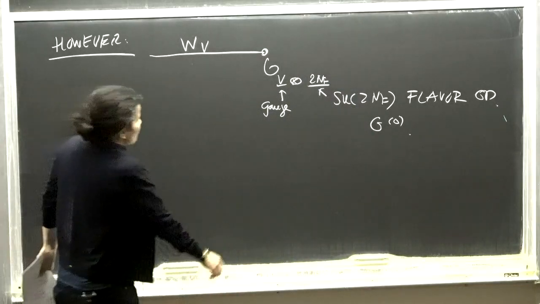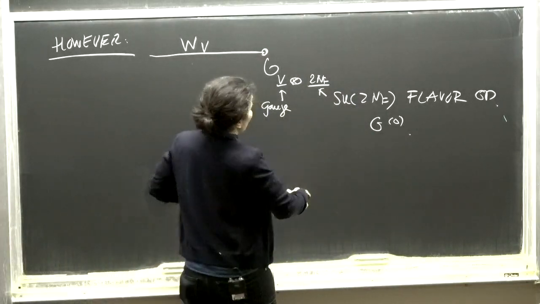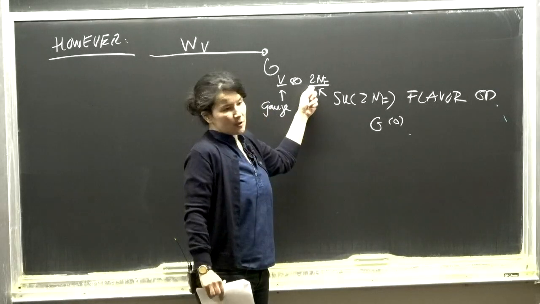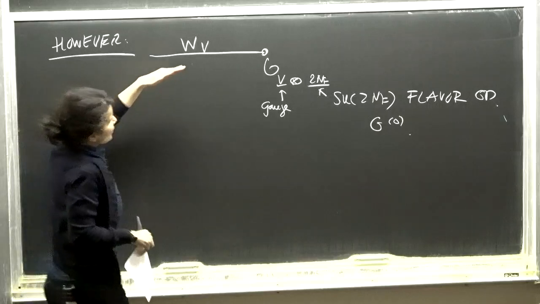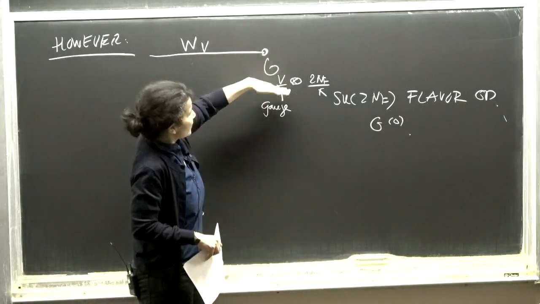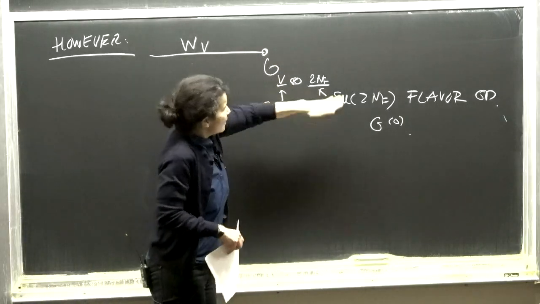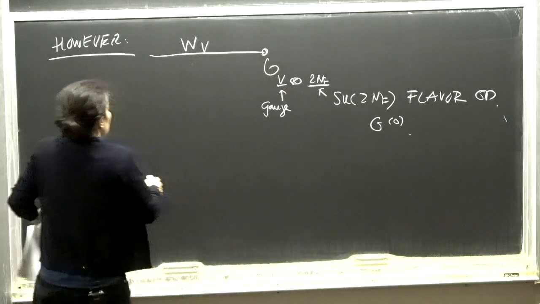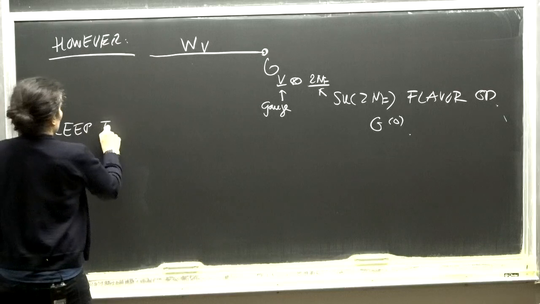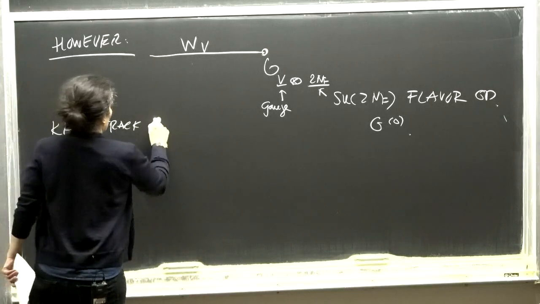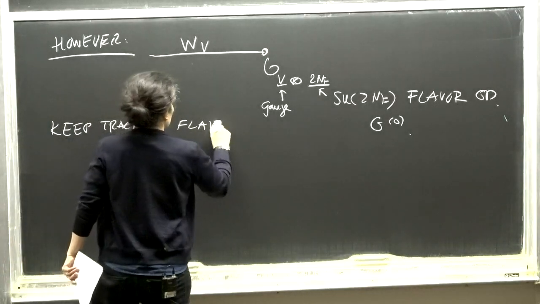So in fact, when I'm really careful, I should also keep track of this charge. And so then it's actually useful to look at not only how these local operators transform under the gauge charges, but also under the flavor symmetries. And so in fact, it's nice to actually keep track of the flavor charge.